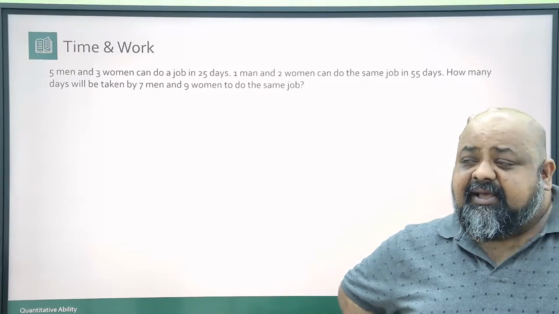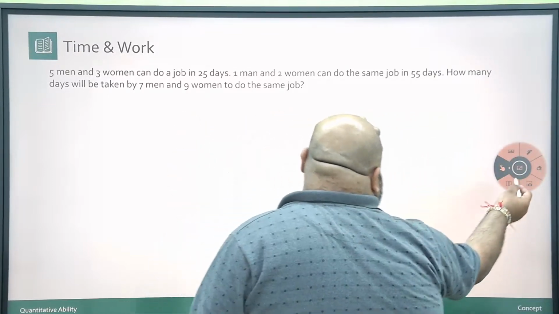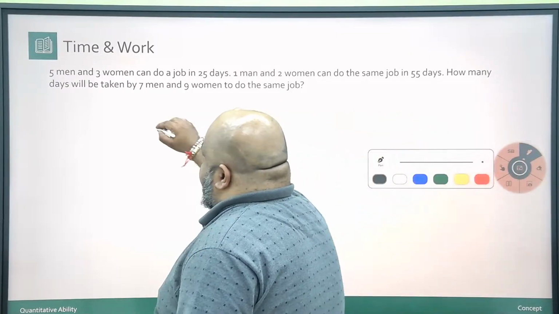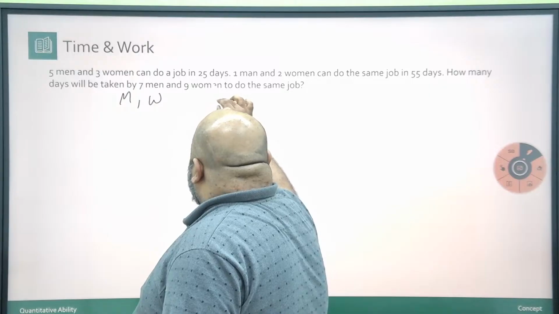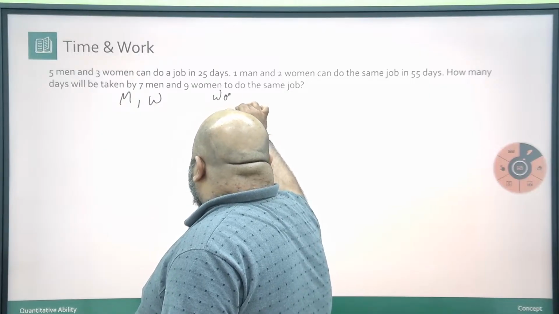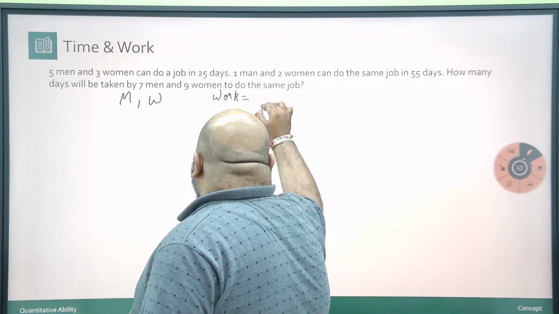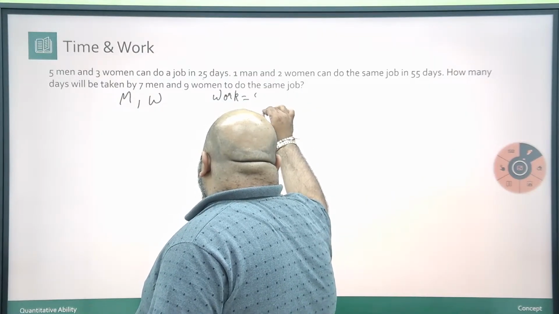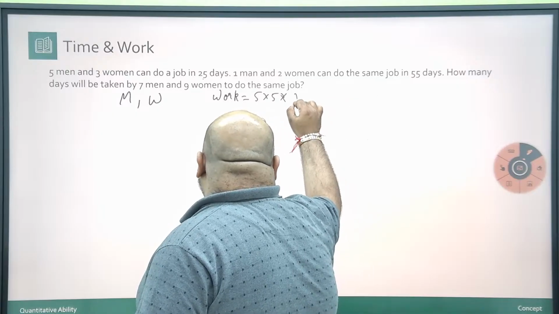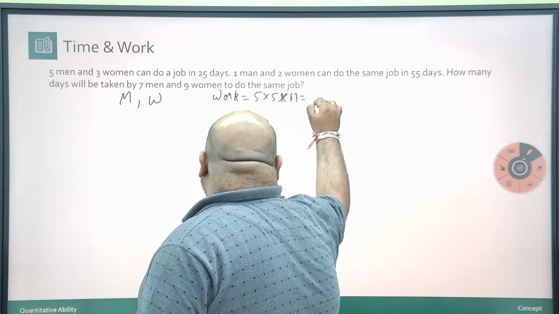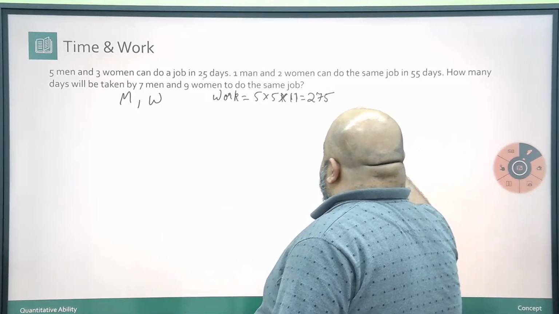So in this question, what did I say? I said let the efficiency of a man be m units per day, that of a woman be w units per day, and let the total work be LCM of 25 and 55. 25 means 5 into 5, 55 means 5 into 11, so the LCM is 275 units.